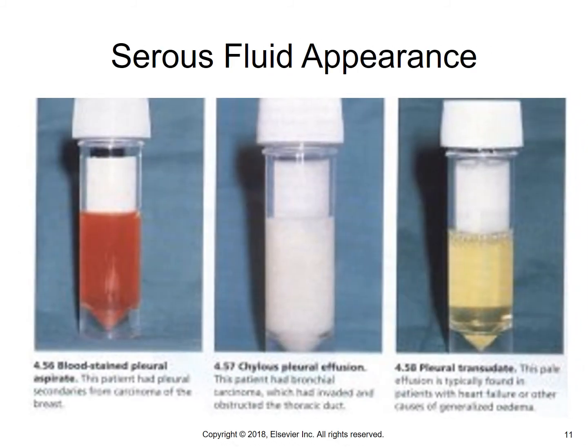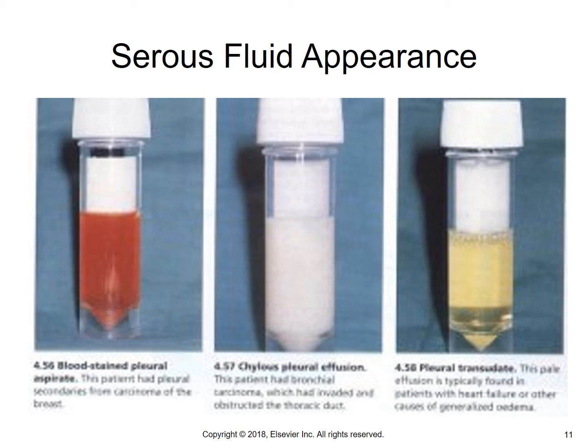Here is the visual appearance of some of the serous fluids. Now again, a bloody fluid can be seen, definitely if it's a traumatic tap. So just like CSF, we have to determine if the procedure is causing the creation of the blood or if it's actually a disease process and blood is entering.